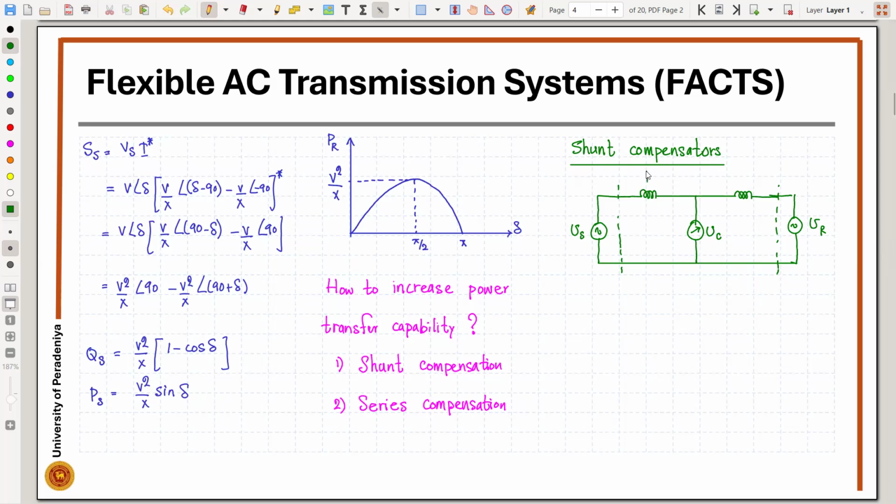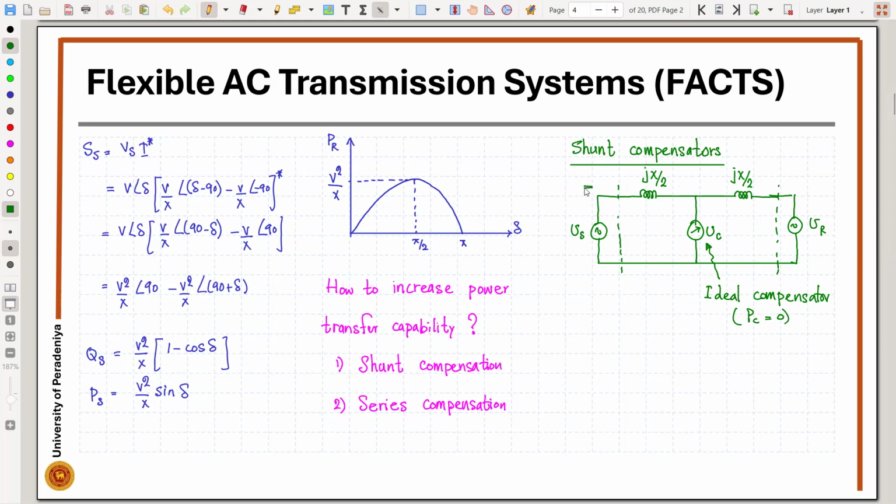For simplicity, I will assume that this is divided into equal halves. So this is going to be an ideal compensator. Therefore, the compensator active power is going to be 0.